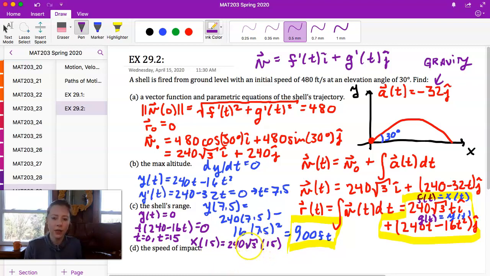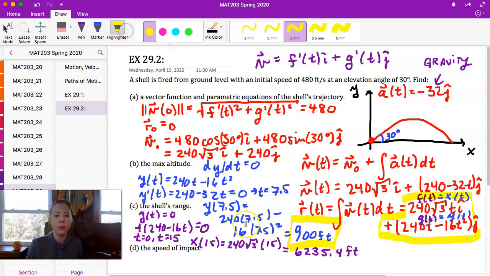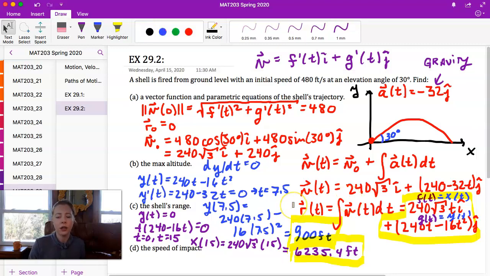And this is going to give us 6,235.4 feet. And whenever you're dealing with problems like this, it's very important to include units. So on any quiz, any exam, make sure you include units. And now one more bit.